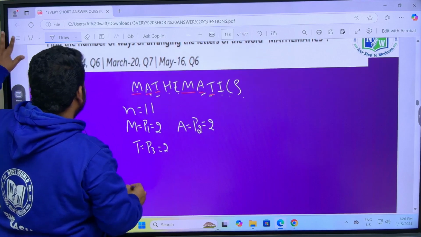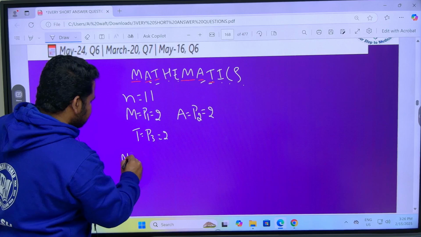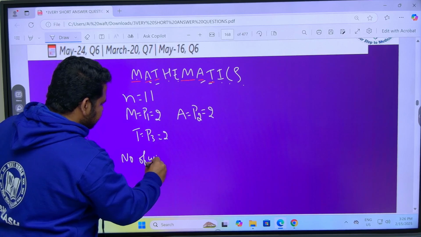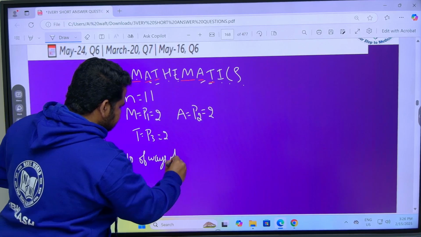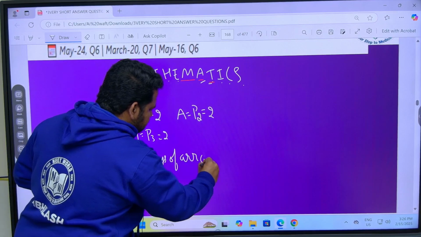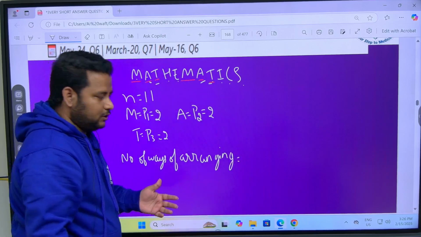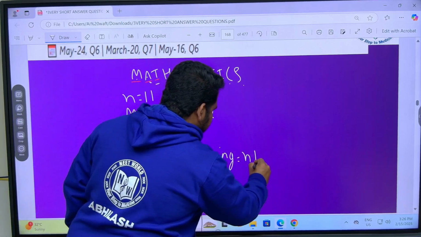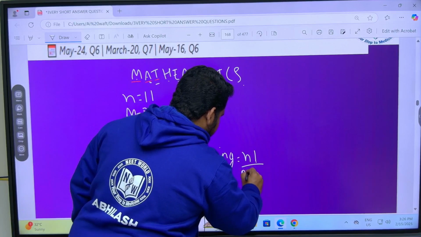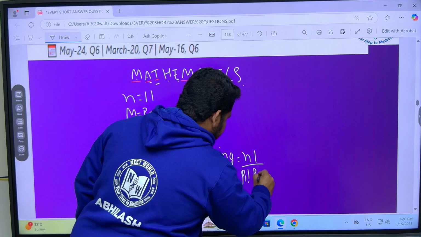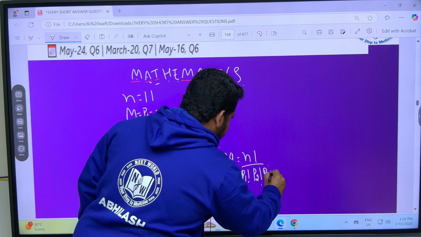Now the number of ways of arranging will be equal to n factorial divided by P1 factorial into P2 factorial into P3 factorial.